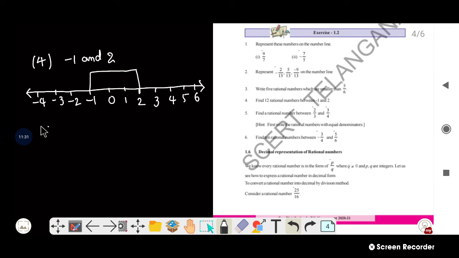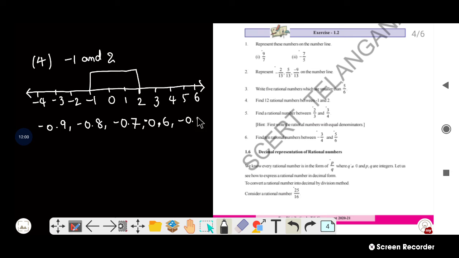So 12 means we are writing minus 0.9, minus 0.8, minus 0.7. Okay. Then 0.6, minus 0.6.